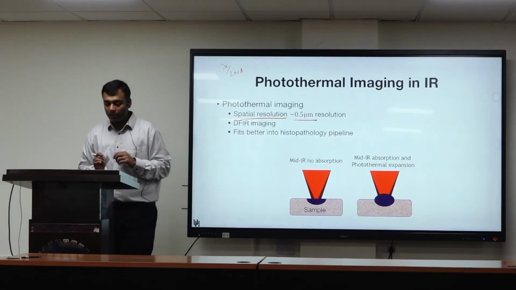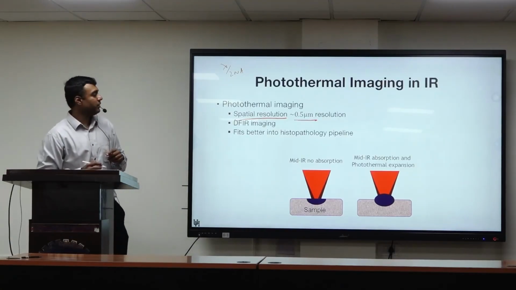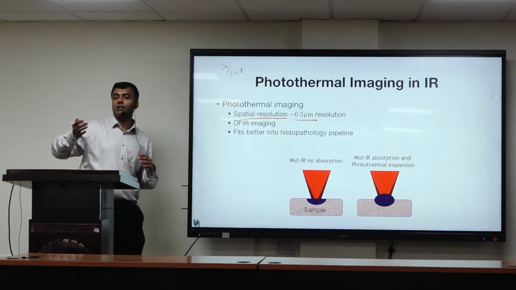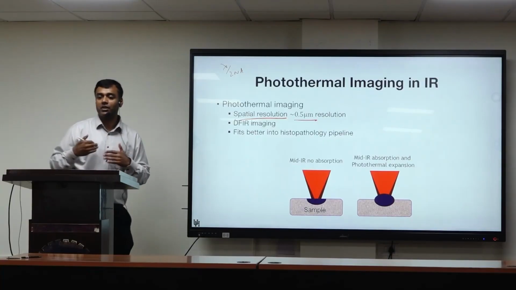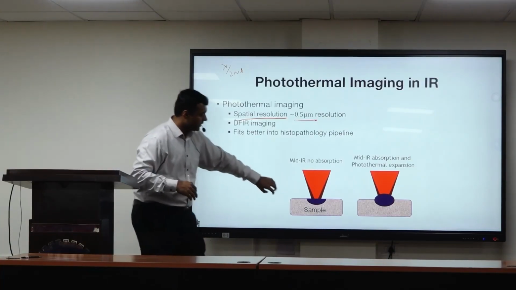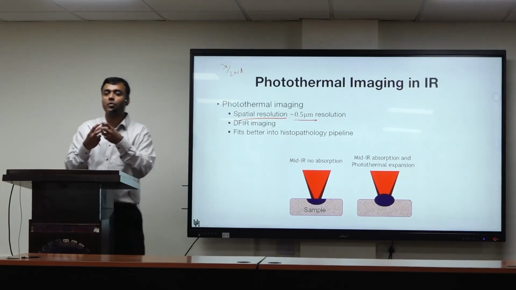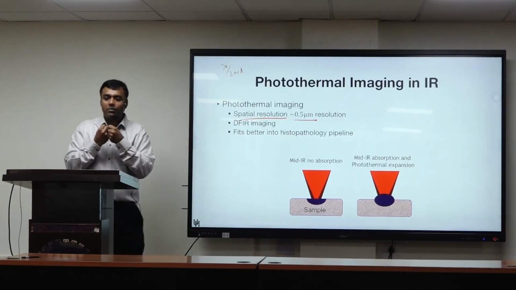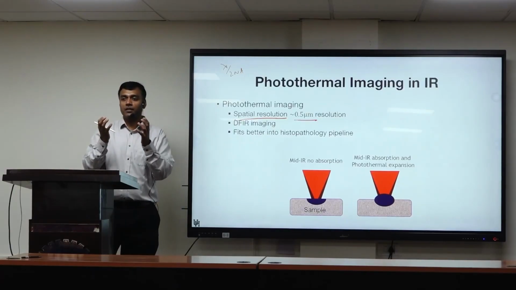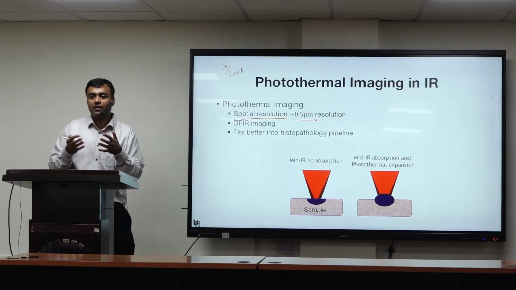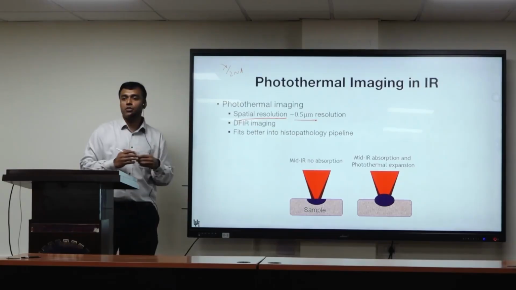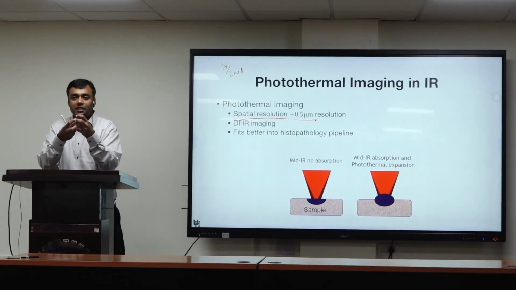Now, what happens? Infrared light can be absorbed, right? If in a sample there is some molecule or some group of molecules which absorb infrared light, what happens when light gets absorbed? Energy is deposited.